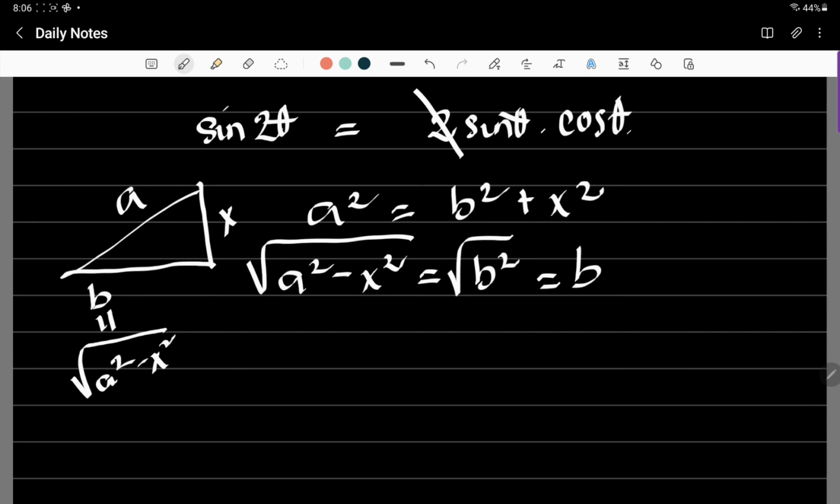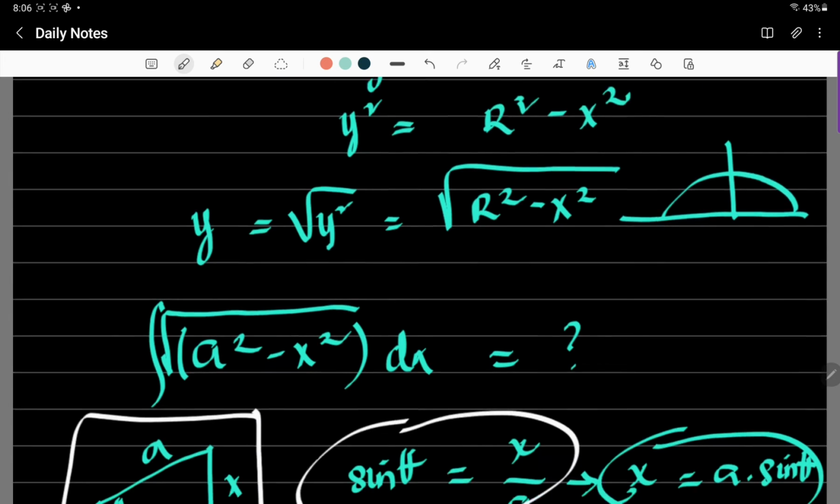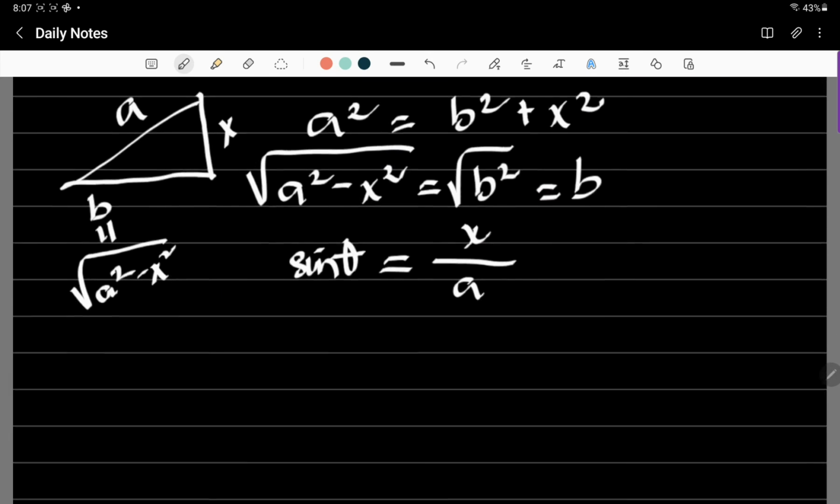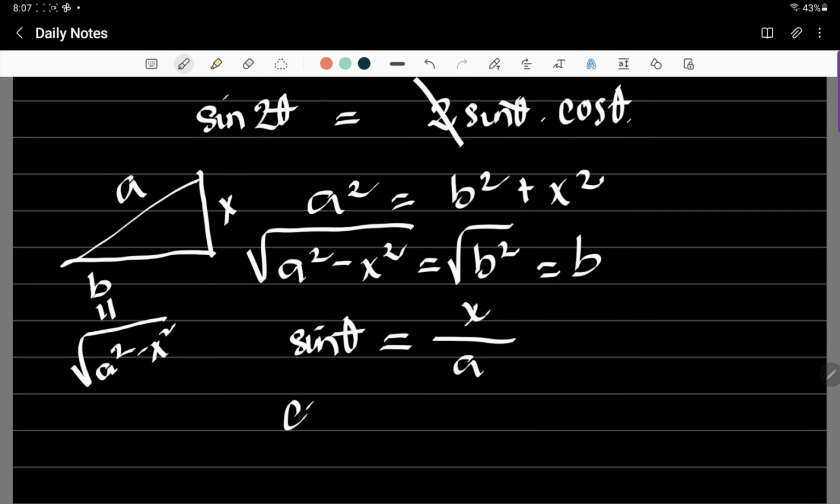Good. Now, earlier we do sine theta. Opposite over hypotenuse, right? So x over a. We know that earlier we did that. X over a right here, right? Now we do have to do cosine. What is cosine in this case? Cosine theta equal what? Cosine is adjacent over hypotenuse, right?